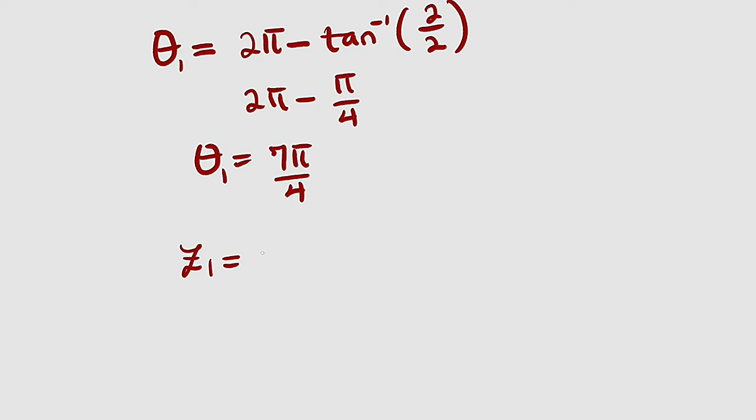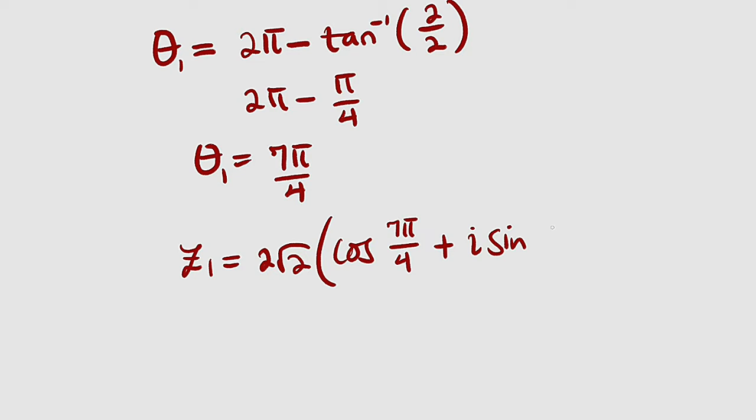z1 equal to r1, but what is r1? 2 root 2, multiplied by cosine of theta 1, which is 7 pi divided by 4, plus i sine of 7 pi divided by 4.